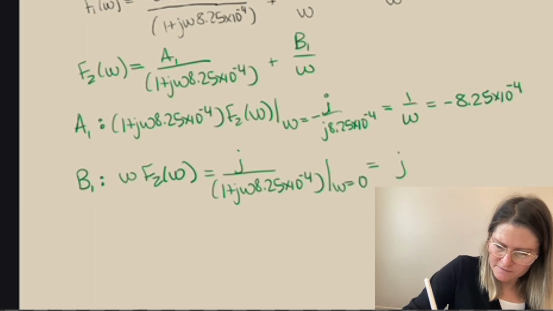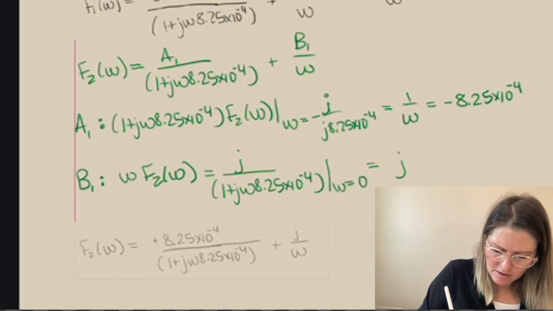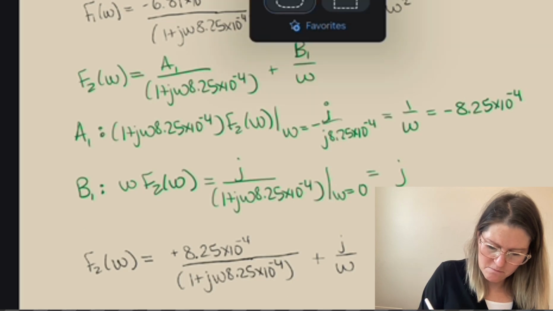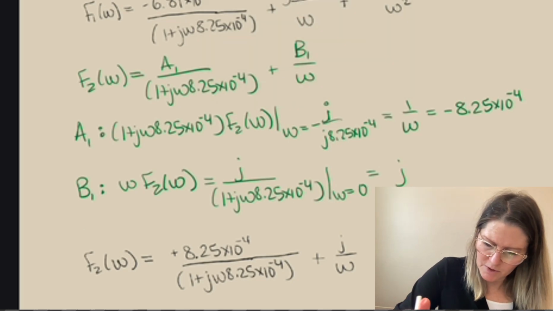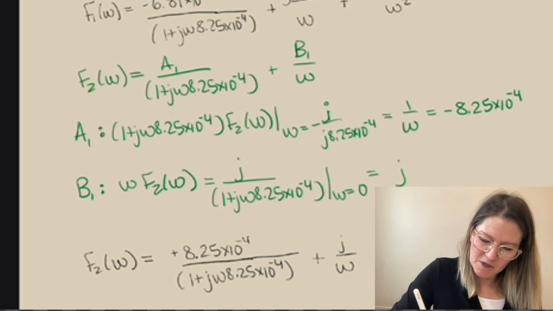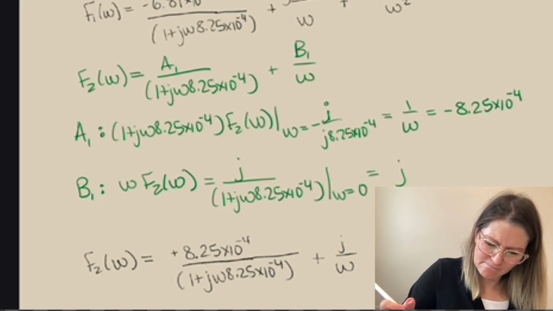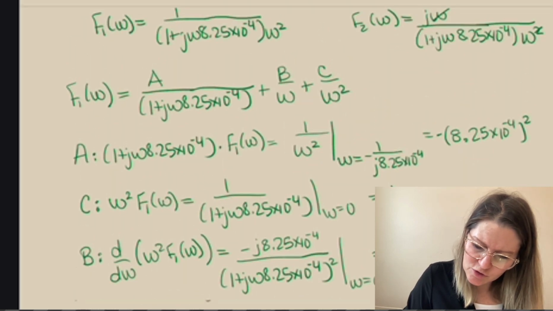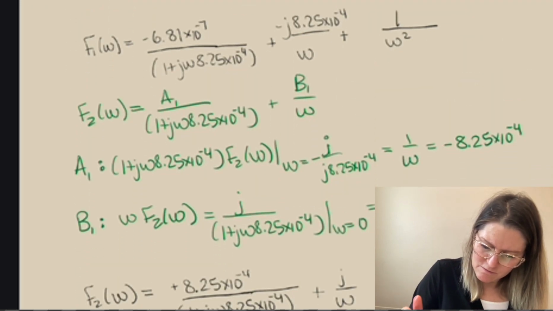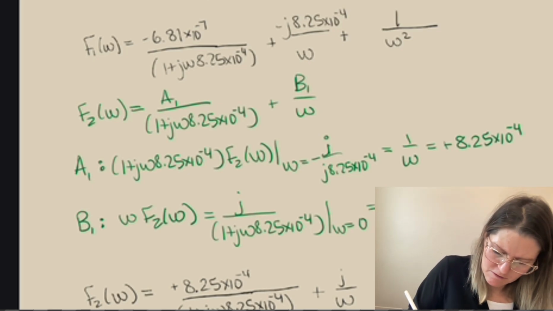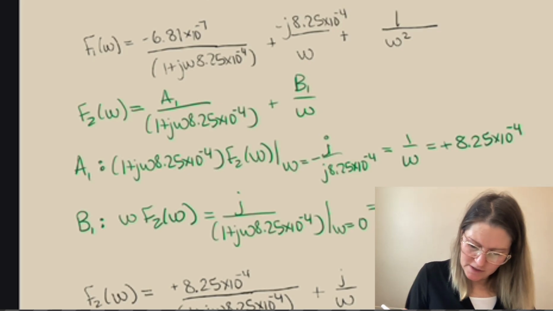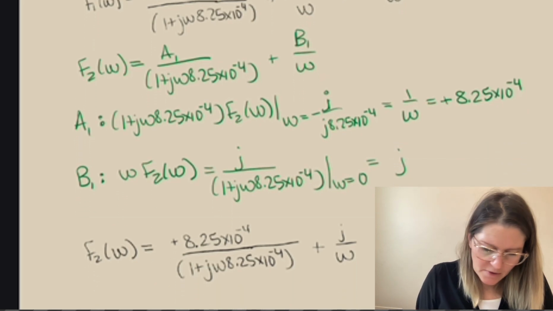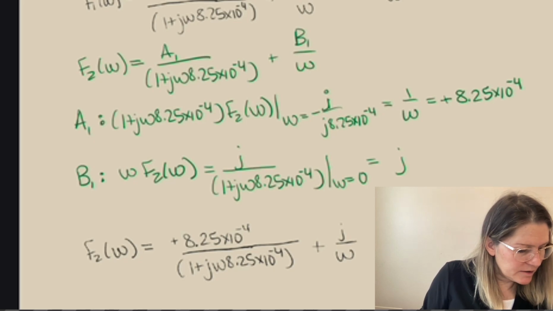And so my F2, when I plug that in, I put in a minus and my j's should cancel, so I end up with a positive 8.25 times 10 to the minus fourth over that, plus j over omega.